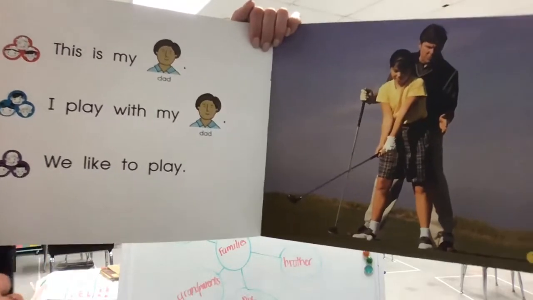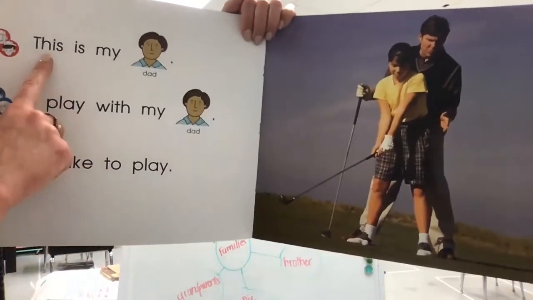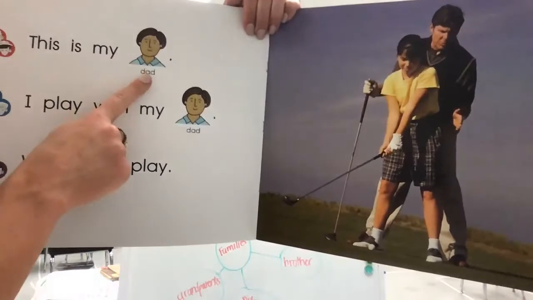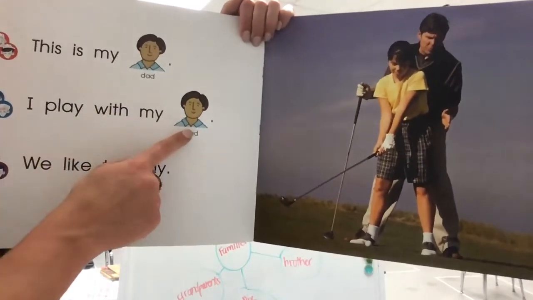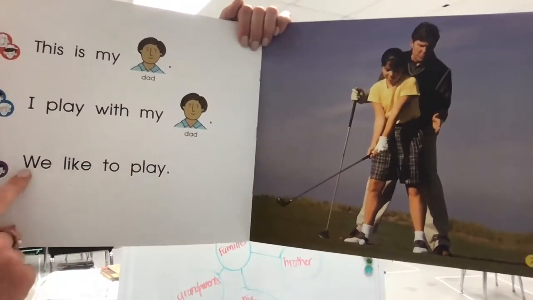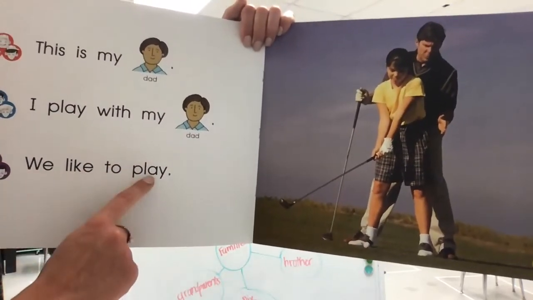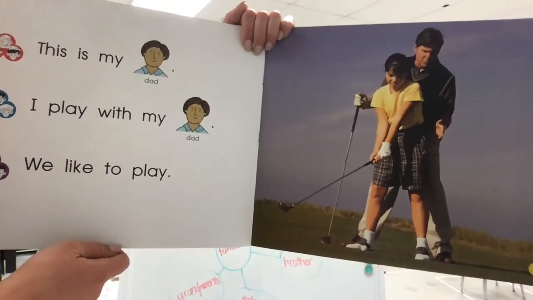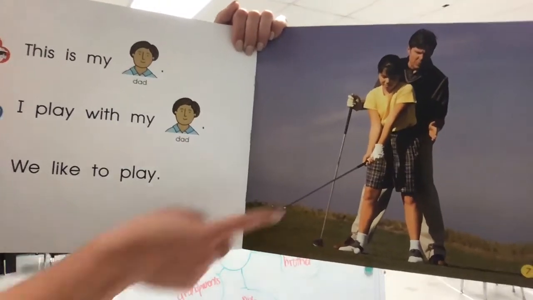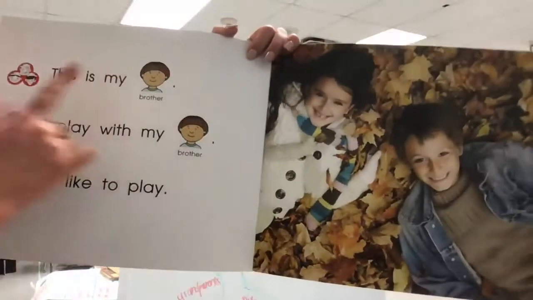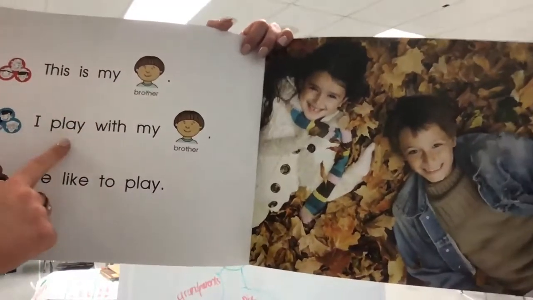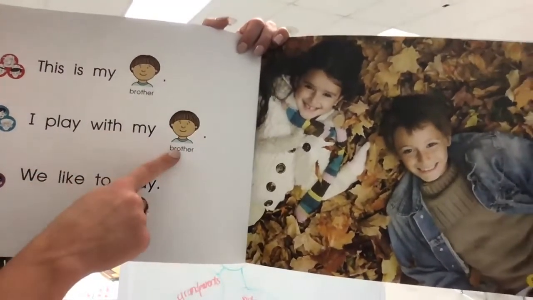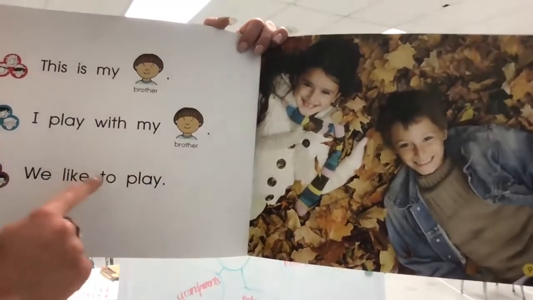Okay, so keep listening and watching my finger. This is my dad. I play with my dad. We like to play. What does it look like they like to play? Golf. This is my brother. I play with my brother. We like to play.